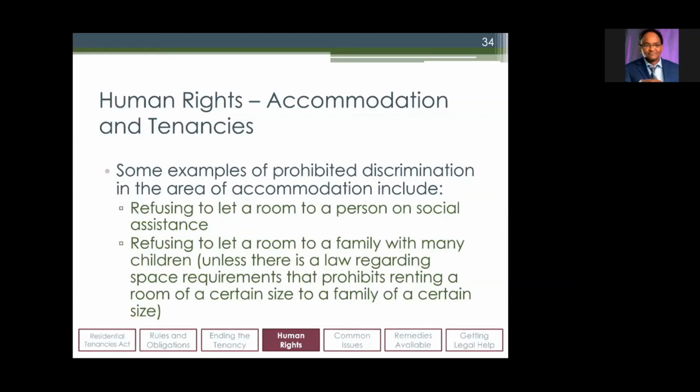Another easy example of prohibited discrimination is a family with many children. That would be discrimination on the basis of family status, if the landlord just thinks that there are too many people. That's not permitted for the landlord. They can refuse to rent a place to a very large family if the place is just too small compared to the minimum housing standard.